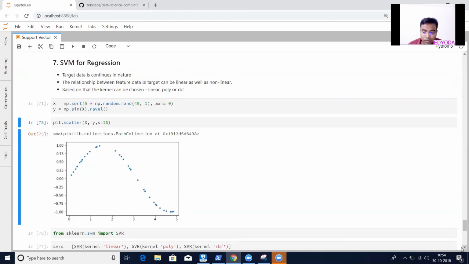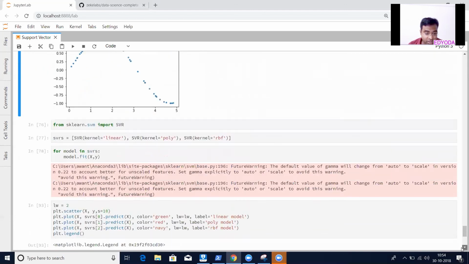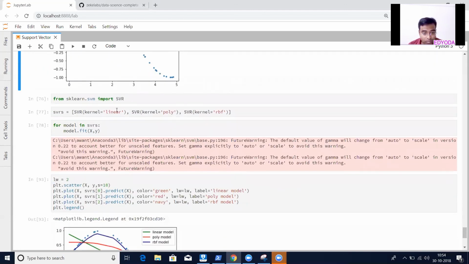For this data, you might want a linear kernel to be used, or a polynomial kernel, or RBF. So we want to try all these things, and based on the relationship, we will find the best fit among them. That's what we are doing here. Using SVR, we are creating objects of all these three models. We are training the same data on all the models, and we are eventually predicting and plotting the line here.